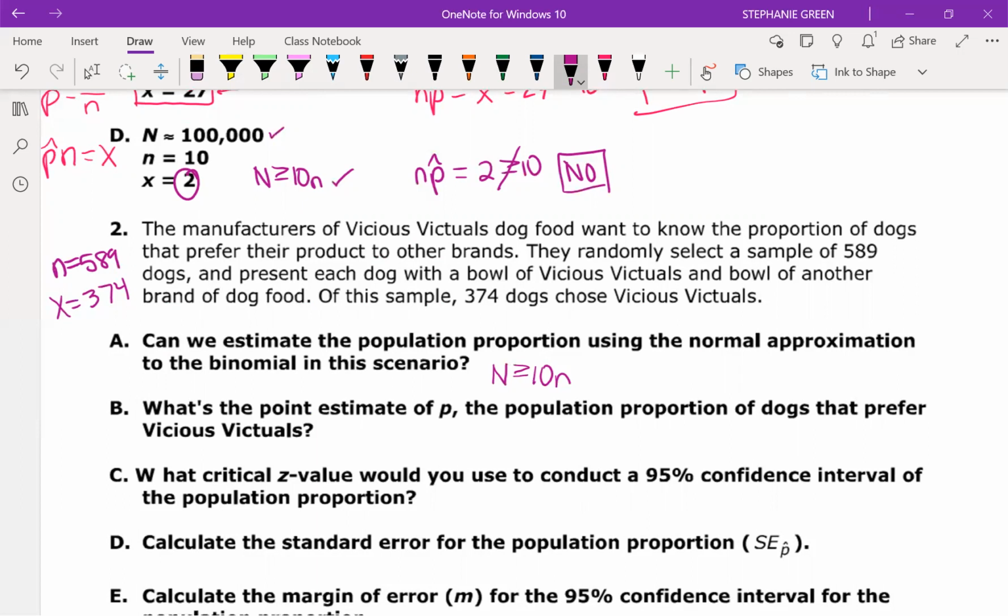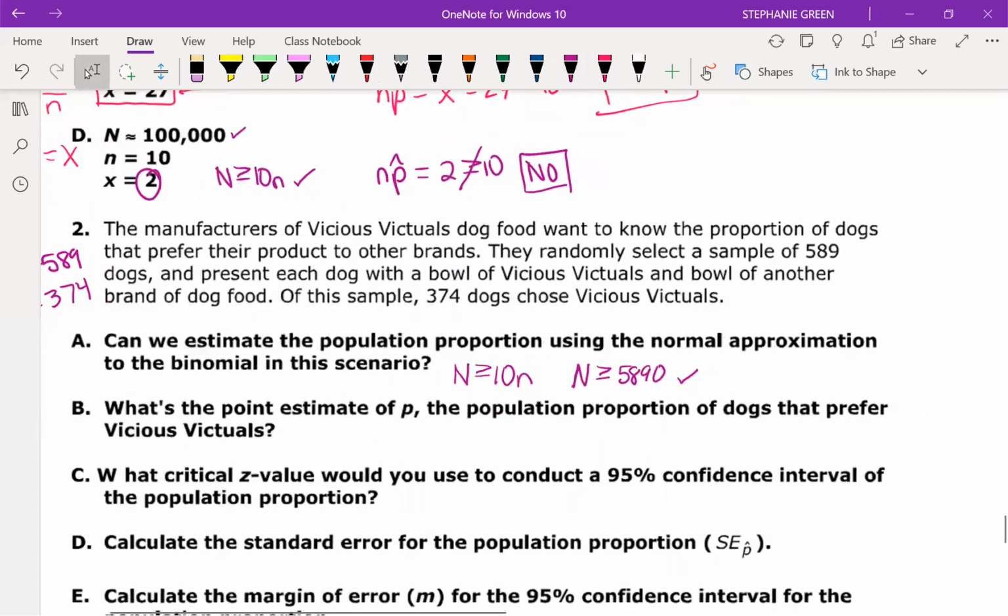So we have to ask ourselves this: is the population size likely to be greater than 10 times the sample size, 589 times 10? So do we think there are more dogs, or their population here is just dogs, than 5,890? Think about it. Are there more than 5,890 dogs in the world? It doesn't even say America or a specific city. So I would say that's definitely reasonable to assume.